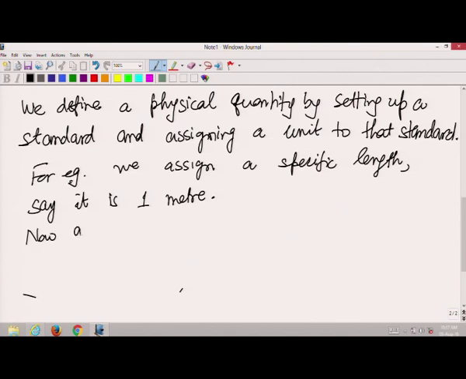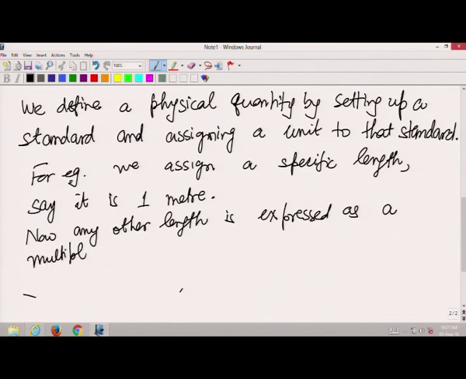Now, any other length is expressed as a multiple of this length.